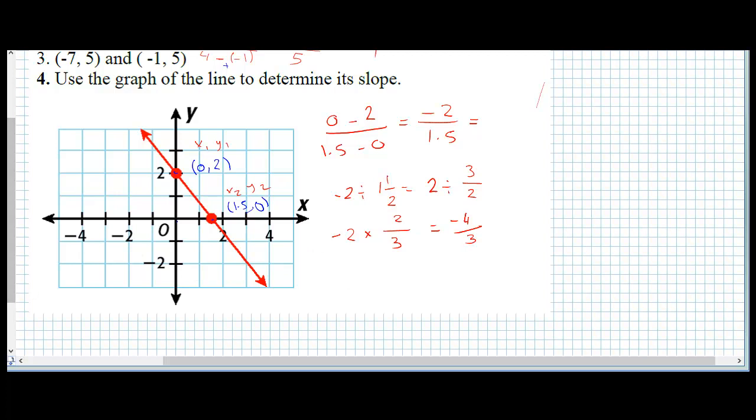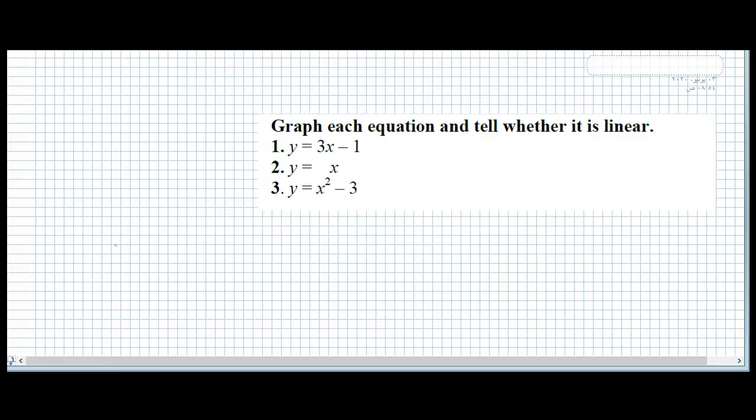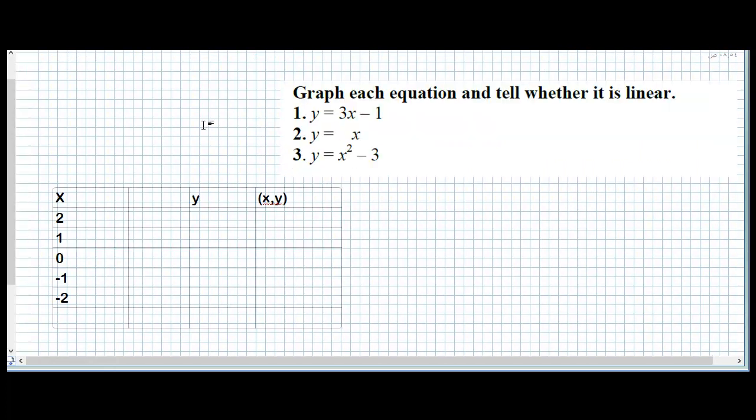Okay, let's go for the next question. Graph each equation and tell whether it's linear or not. To graph any equation, we need to draw a table with x. We have here our equation, y equals 3x minus 1. Let's put x equals 2: 3 multiplied by 2 is 6, minus 1 is 5.